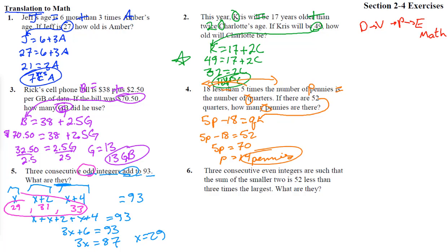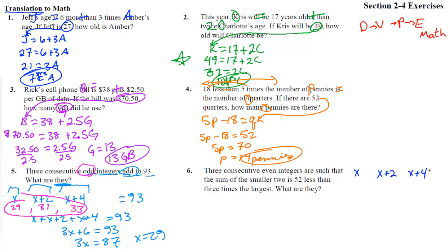All right, the next one. Three consecutive even integers. Well, let's write those out. So we got x, and then the next one up, if this were 4, the next one up would be 6. We'd have to go 2 higher again. Notice that either to stay on the odds or to stay on the evens, we have to add 2 and add 4.